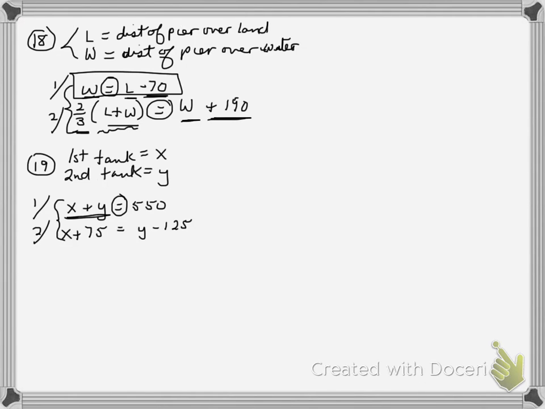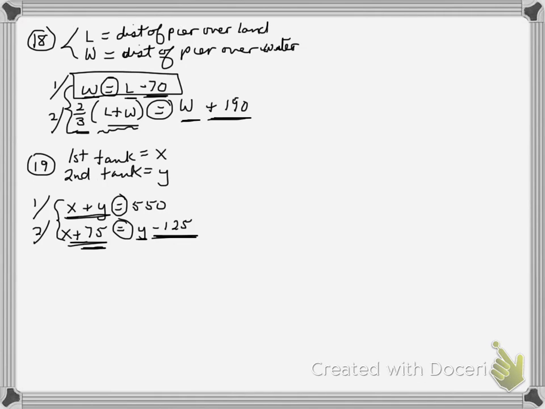If one, there's the first one, held 75 more, that would be adding 75. And the other, there's my second tank, held 125 less, so I would have to subtract 125, then they would be equal.